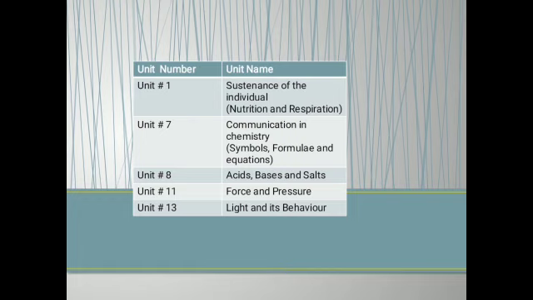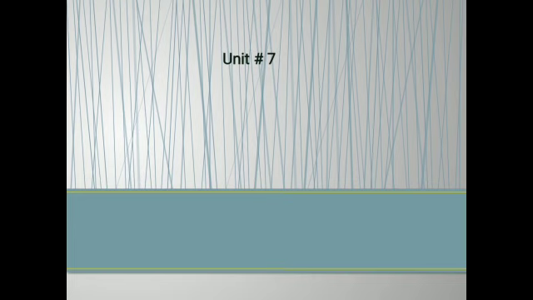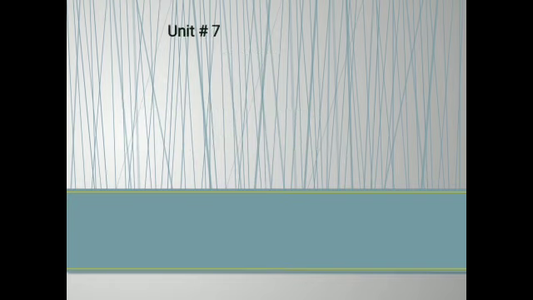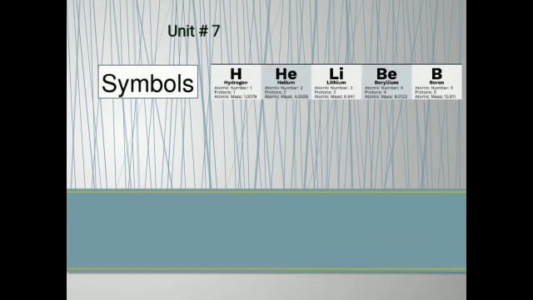So today we will discuss unit number 7, communication in chemistry, symbols, formulae and equations. Now what is a symbol? A symbol is an abbreviated name of an element, such as hydrogen represented by capital H, helium He.